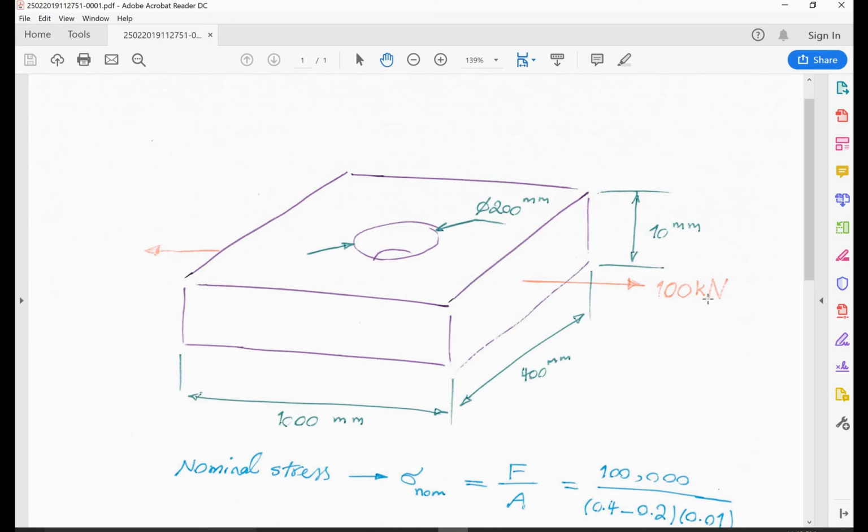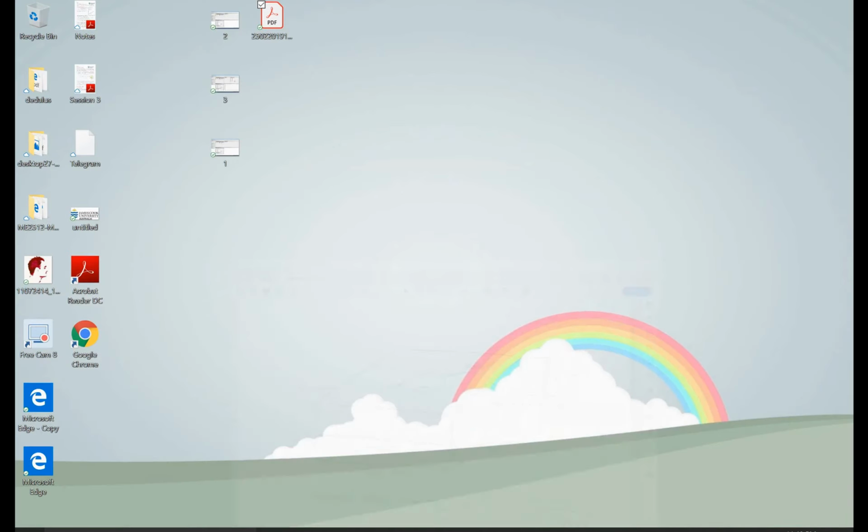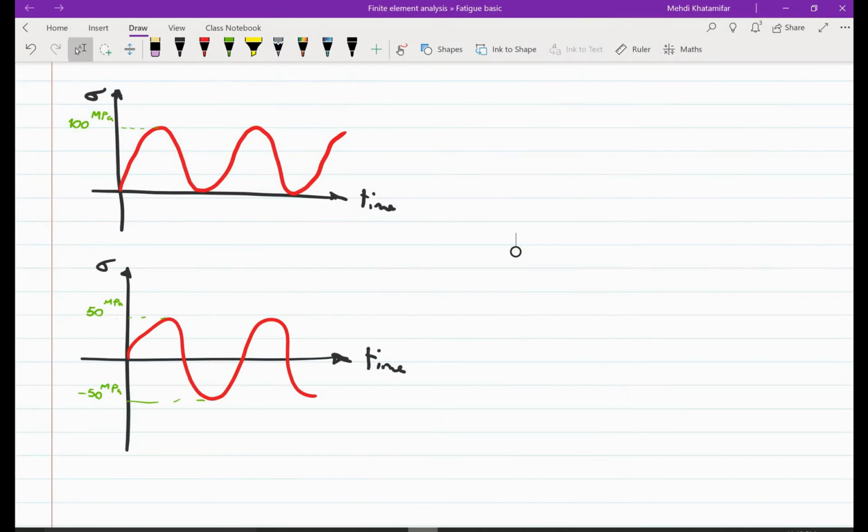So this is going to be our geometry. What we are looking for is the safety factor, life, and the number of cycles we can have for this design. The first thing you need is the maximum stress and minimum stress.